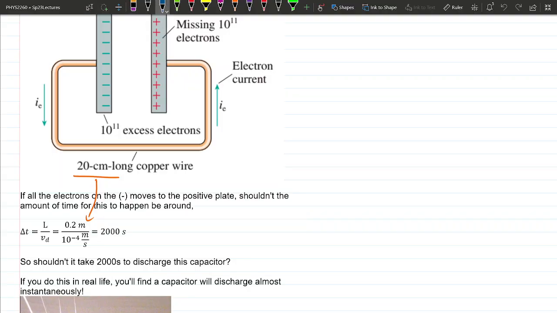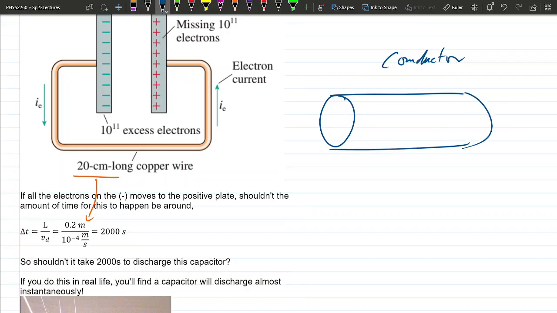Remember, in the first chapter when we talked about conductors or any material, if I say the conductor is neutral, does that mean there are no electrons in there?